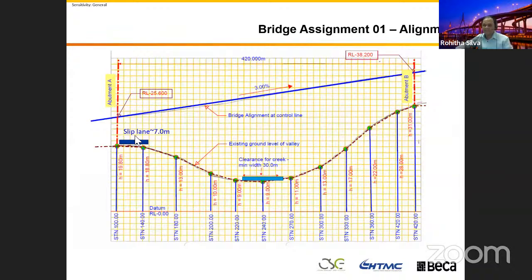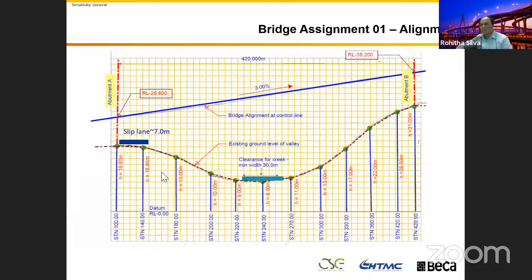In addition to that, they say in the future they want to put a slip lane going in front of this abutment, a connecting ramp, like a slip road, connecting two places. For example, you want to connect two suburbs on either side of the bridge, this highway. So you want to have a slip road.